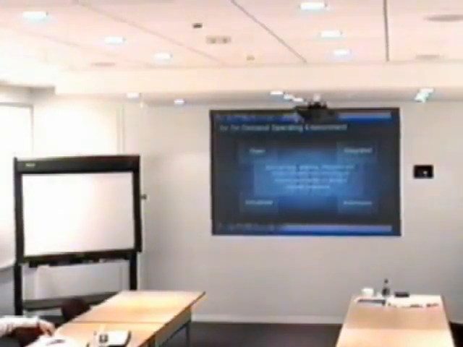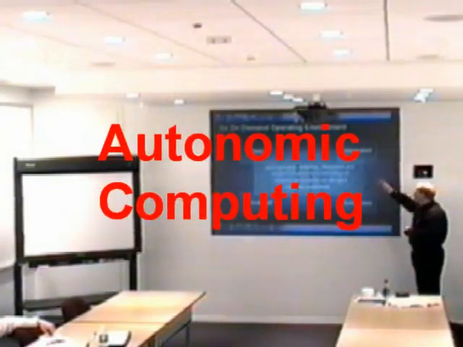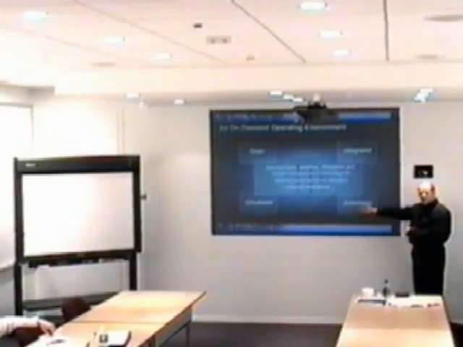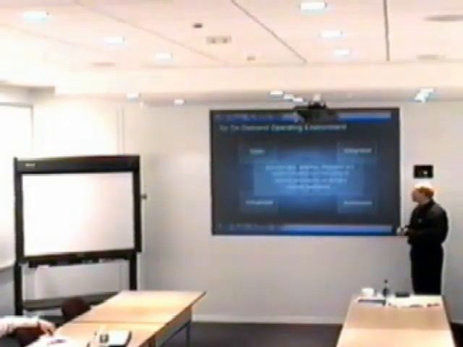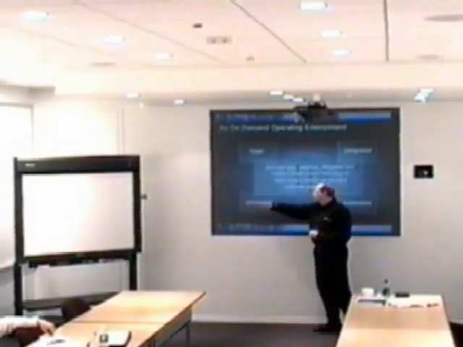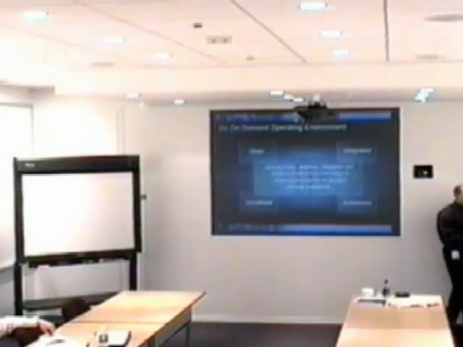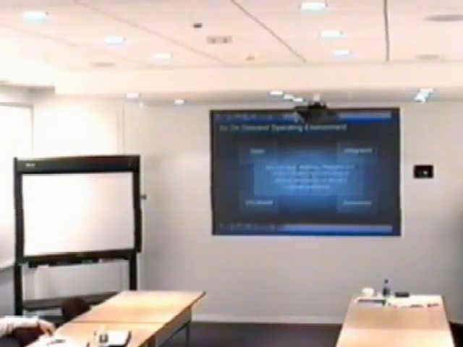These are the attributes for the on-demand operating environment: open, virtualized, autonomic, integrated. Autonomic, we mean the self-managing aspect of it. Virtualized. This is where the resources can be accessed and they aren't physically defined. It doesn't matter where they are, you can use the resources.